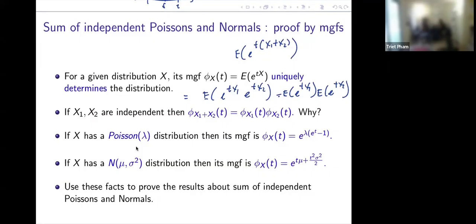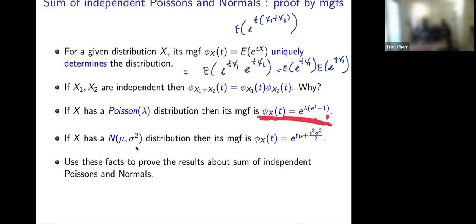So again, this is why sums of independent random variables are quite a popular topic in probability, because you have the MGF technique to handle it efficiently. And so for a Poisson random variable, you can prove that its MGF is like this.